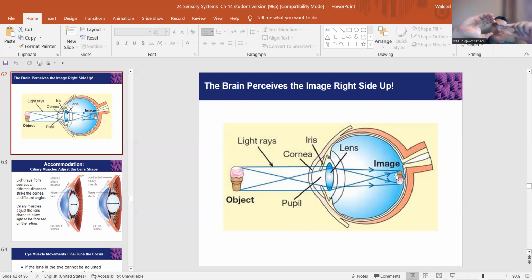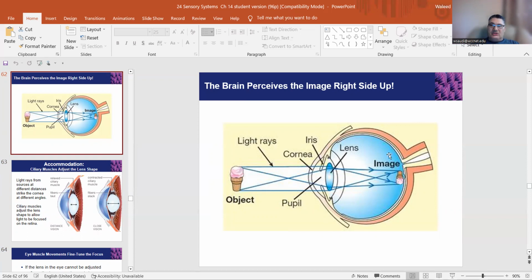Look at this here. So if the picture goes like this, it should go all the way to the back here to the fovea. If this is bigger, it will go all the way in front of it. You will not be able to see clearly. We call that near vision, and you need corrective glasses in order to help you get the refraction in the right spot.